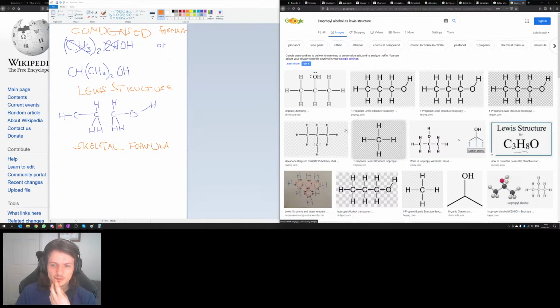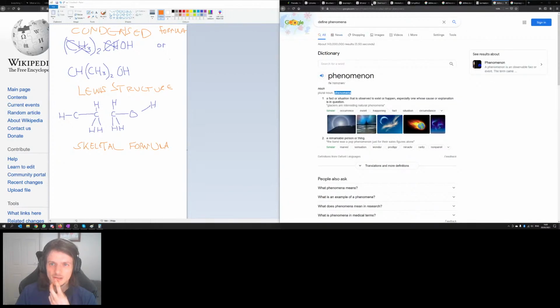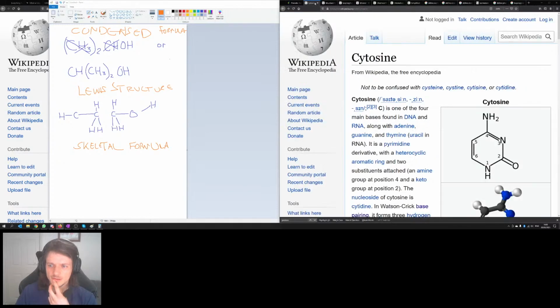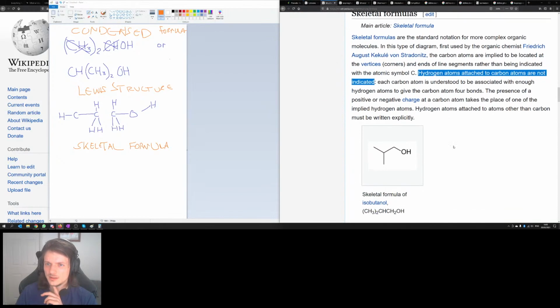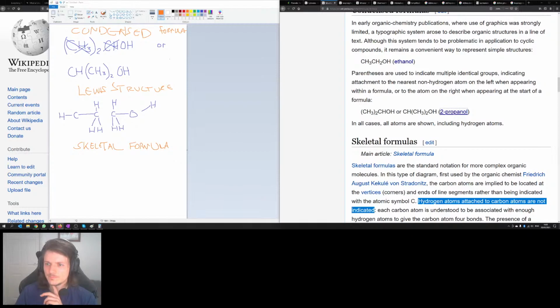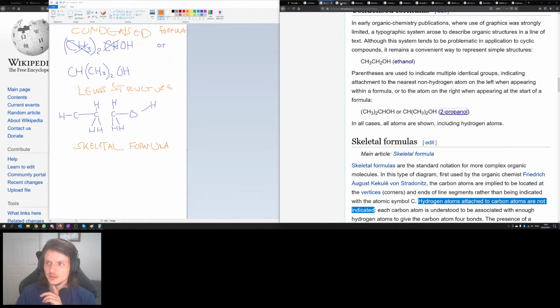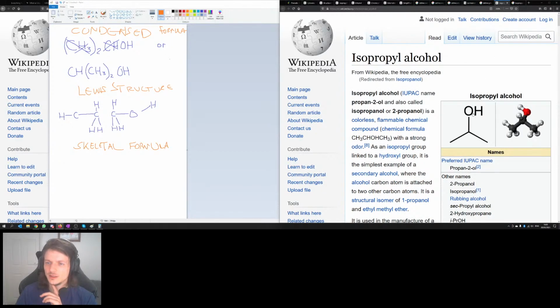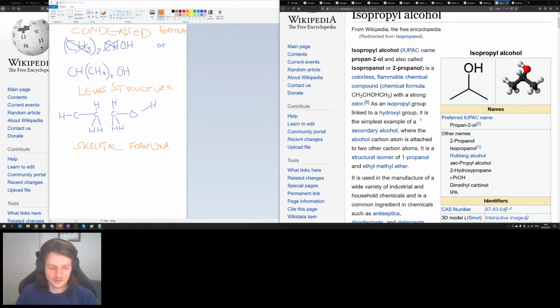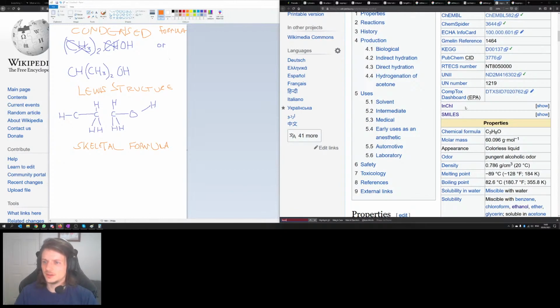Propanol, one propanol, but I think I've got two propanol. Let me just look at this again. Two propanol. That one. It's actually got a link for me. Oh yeah, we found this, right, yeah. Lewis hasn't got that.